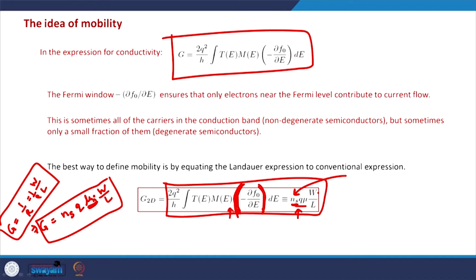Okay. So if we equate both of them, and if we write it down in terms of M(E), we can write it as W times M2dE.